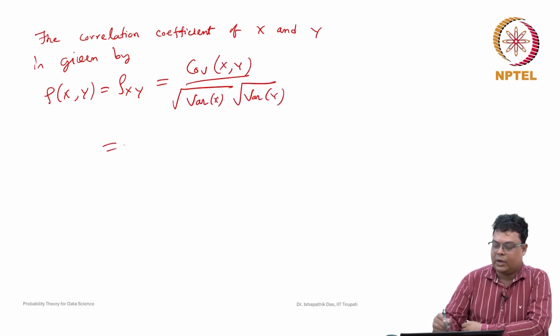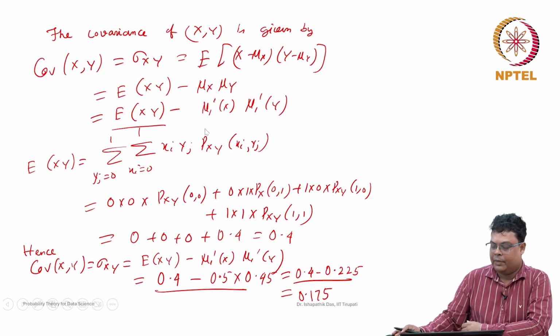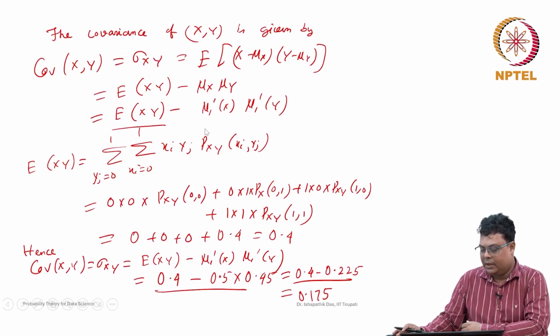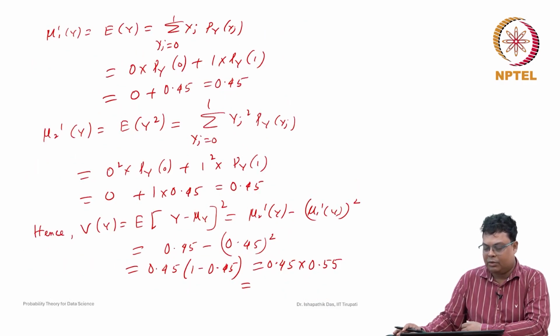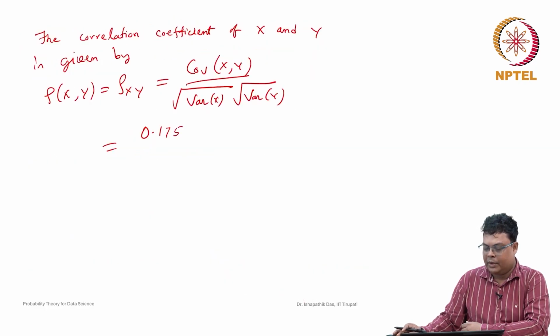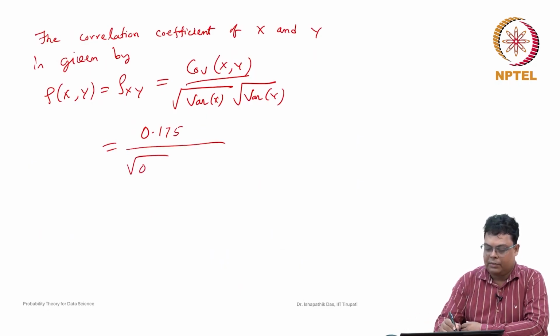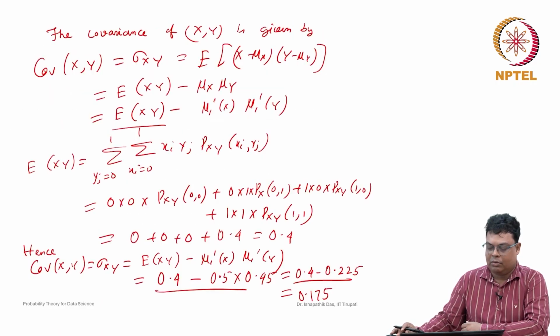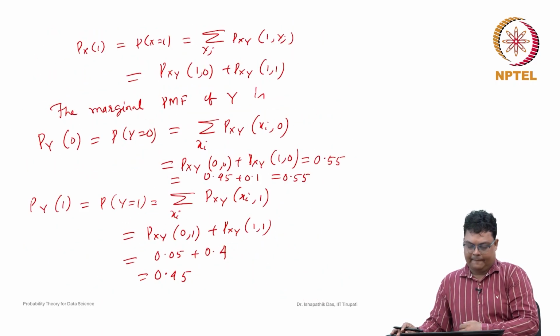So covariance of xy we found to be 0.175, divided by the square root of variance of x, which we computed as 0.25, into the variance of y.